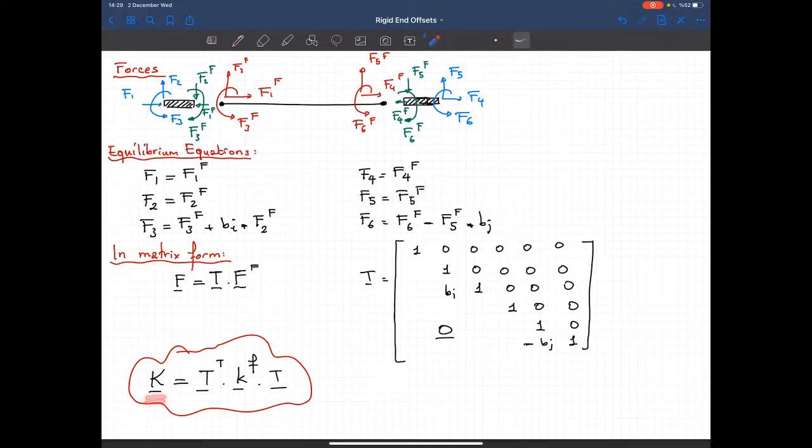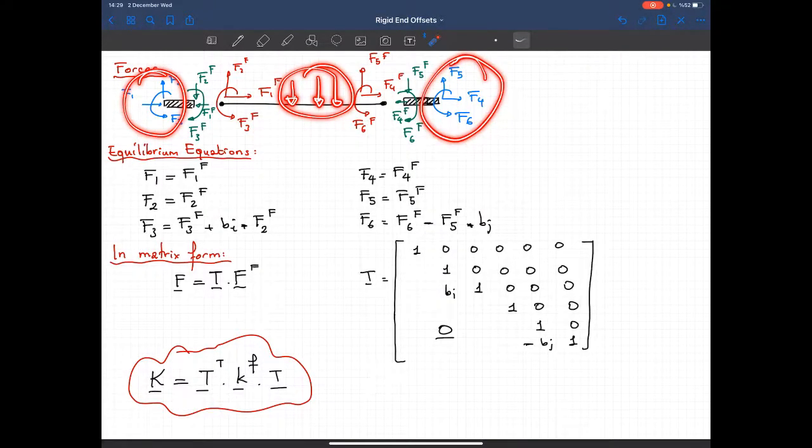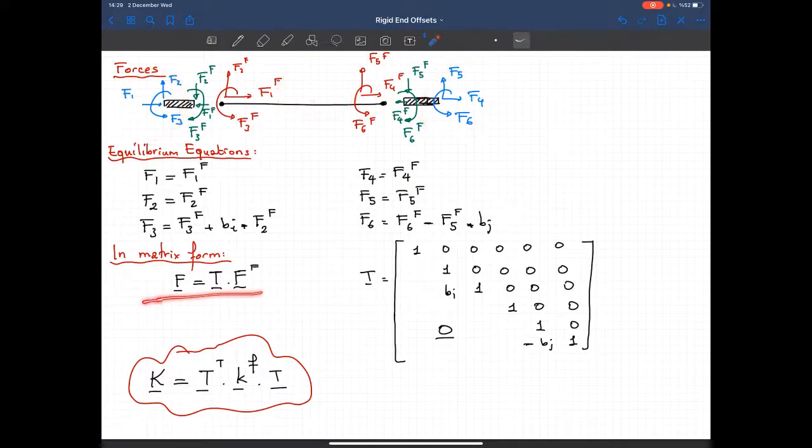Okay, if you have any fixed end moments or loadings on this flexible part, and if you want to convert these loadings into the equivalent fixed and unbalanced forces at the nodes, you use the following transformation.